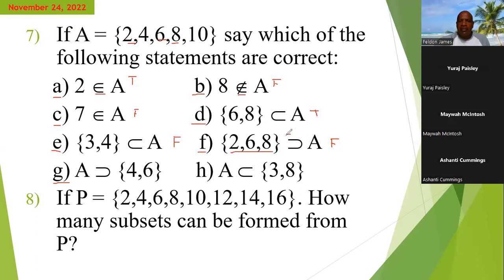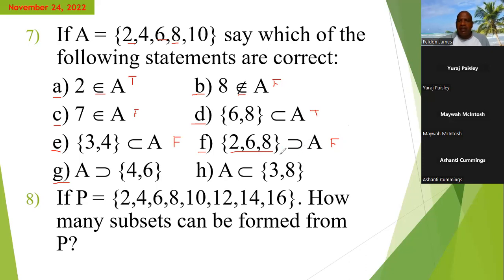But this symbol is not saying that it is, but it is saying instead that A is a subset of this. You're following what I'm saying? Miss Cummings? All right, because you said that it's false, that was why I was saying that if it means that {2, 6, 8} is not a subset of A, that would be false. But that is not the statement.